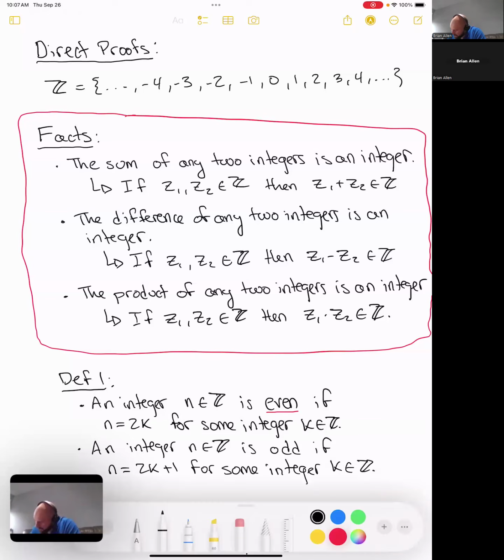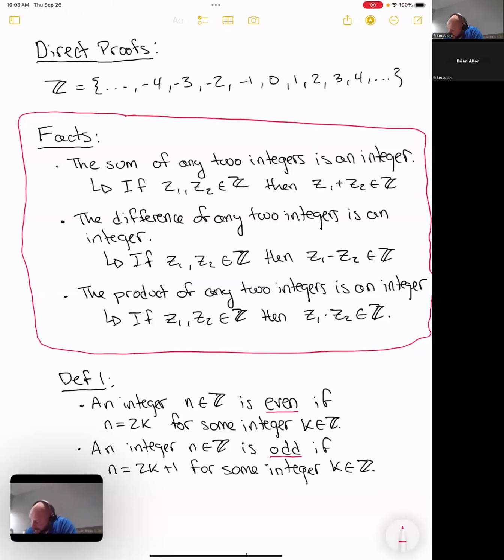Okay, so now we have a definition of even and odd, and we have these facts that we can just use now. By the way, these facts in abstract algebra oftentimes will be said that the integers are closed under addition, meaning that if you take 2 integers and add them together, you don't get outside of the set. So that's important often in algebra. The second fact, you could say that the integers are closed under subtraction.